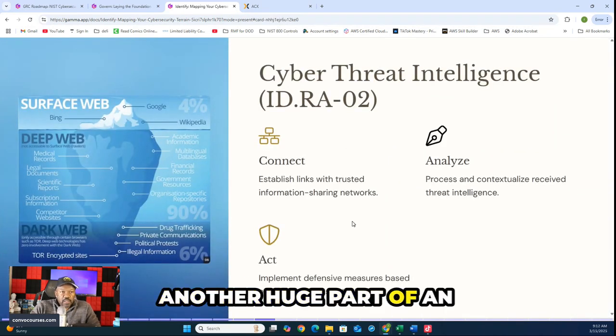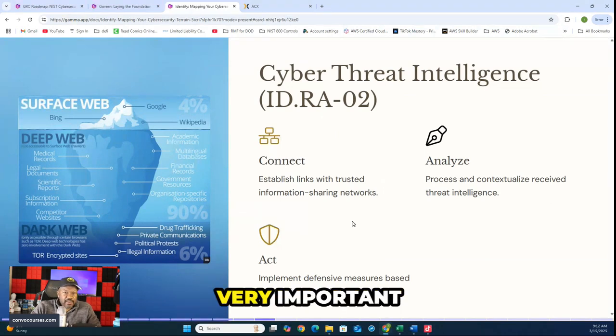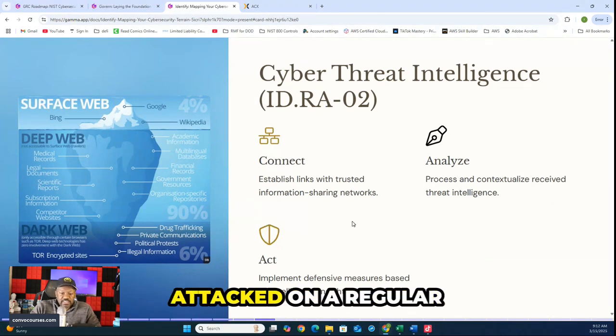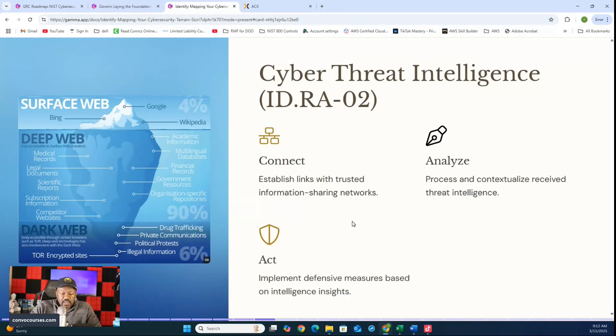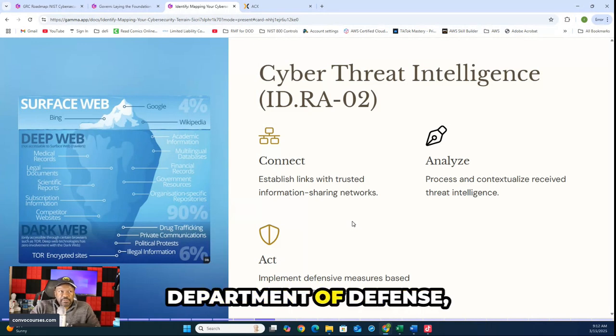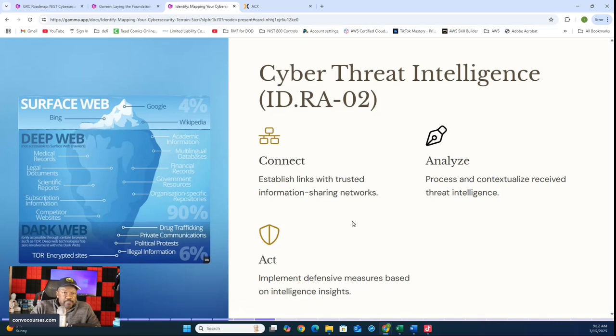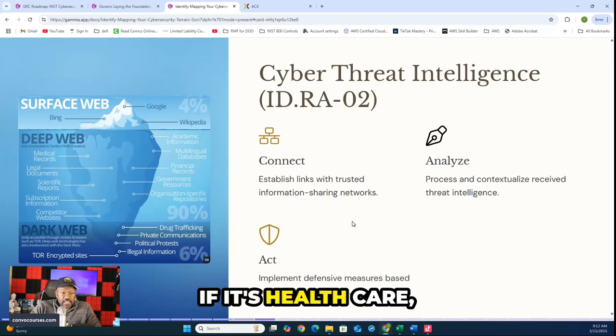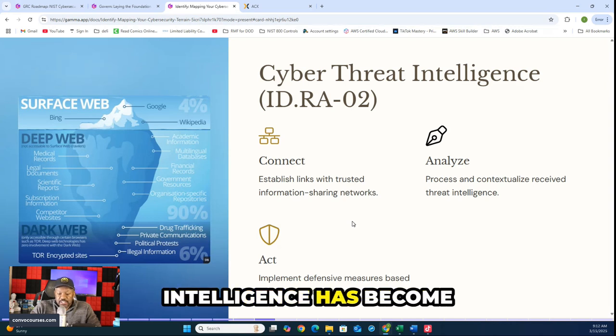Another huge part, especially if you have very important information or if you're attacked on a regular basis, is cyber threat intelligence. Organizations like the Department of Defense, federal and intel organizations, and not just them, but major players in any market, whether healthcare or manufacturing, increasingly rely on it.